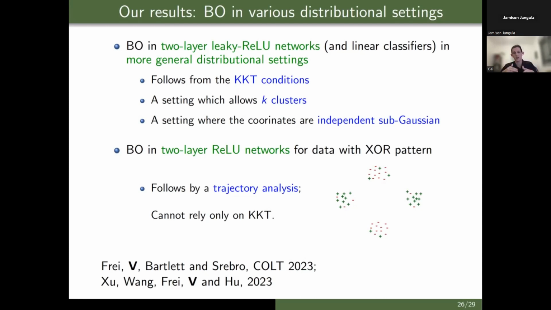And in order to do it, we analyzed the trajectory of gradient descent and showed that it converges to a solution that exhibits benign overfitting. And in this case, it does not suffice to use only the KKT conditions. We actually had to analyze the trajectory. Okay, so as we can see from these results, benign overfitting in nonlinear networks can occur in various distributions.